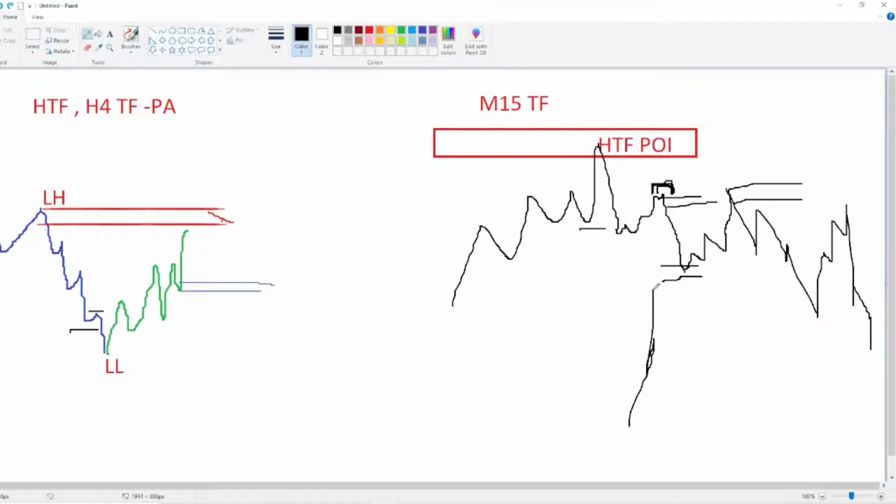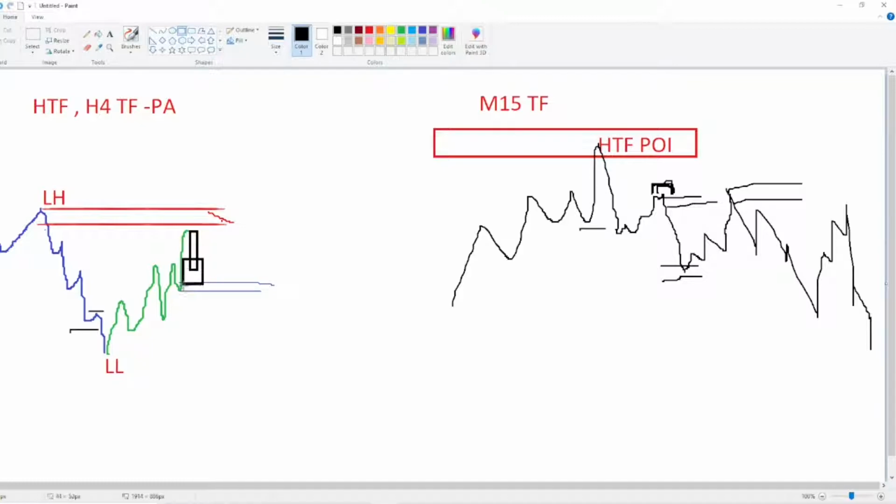This is M15 price action here. But when we see it on a higher time frame, H4, if this is H4 price action, this H4 candle and next this also H4 candle, and when the market taps in this region, the market retraces a little bit like that, because the market tapped an unmitigated zone in demand.